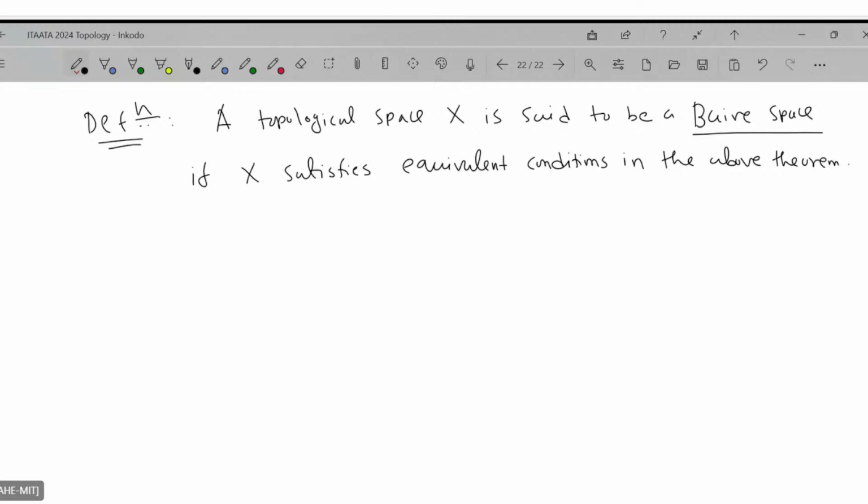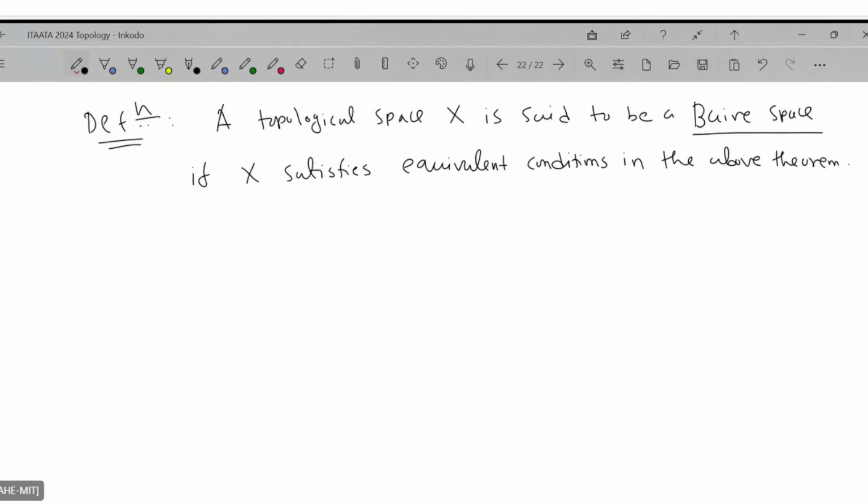That means a space is a Baire space if every open set is non-meager, or if every comeager set is dense, or if every countable intersection of dense open sets is dense itself.